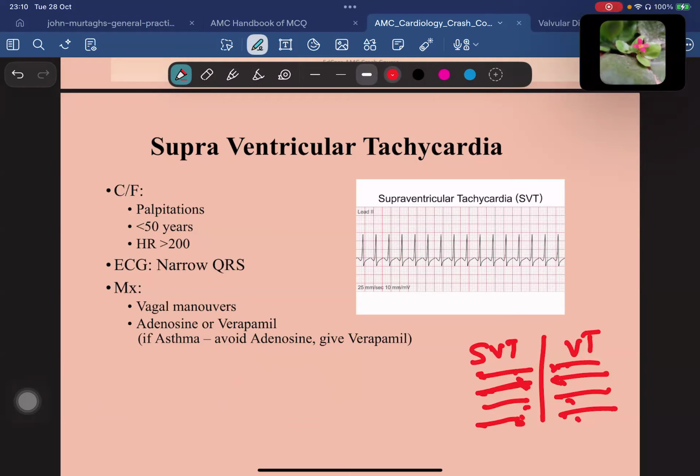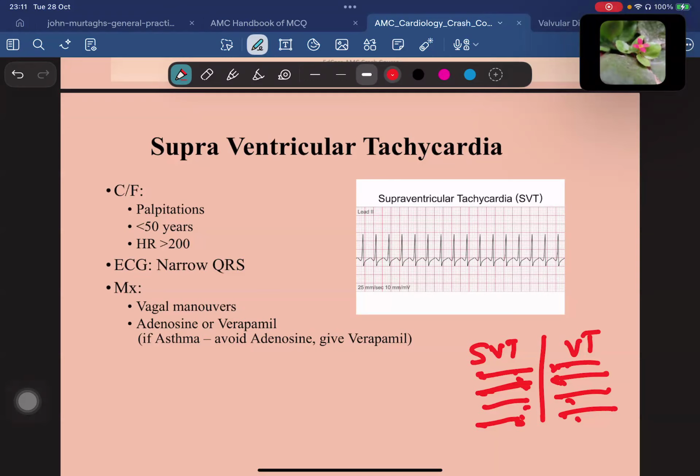Then we can go for medications such as adenosine and verapamil. I will show you guys a table that was so important that I had to print it and paste it right in front of my study table. This medicine and the contraindicated situations, to know when to use this drug and when not to use it. Always remember AMC would give a question like a child coming with a history of asthma and having a clear-cut supraventricular tachycardic ECG.